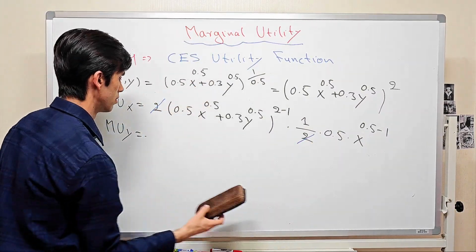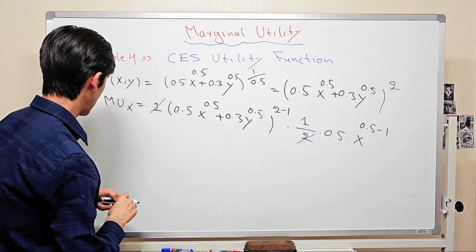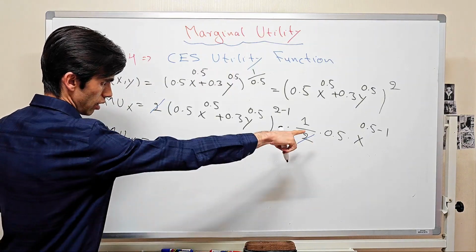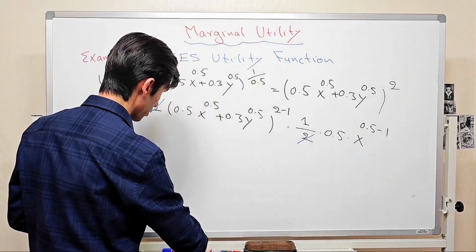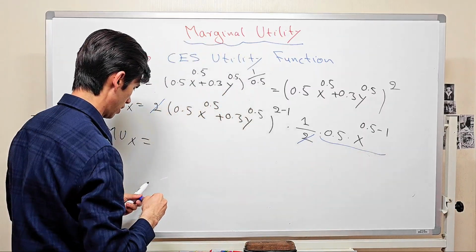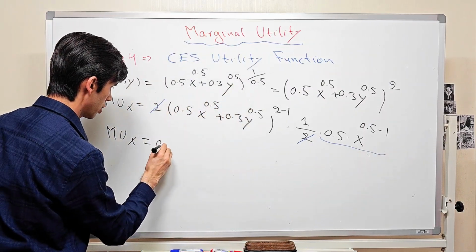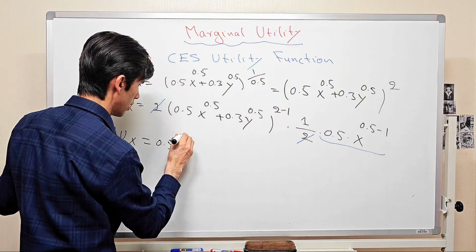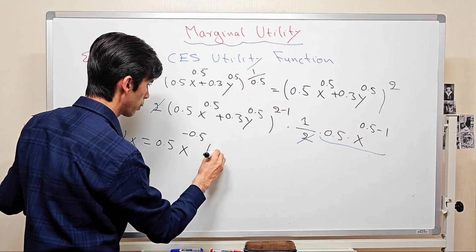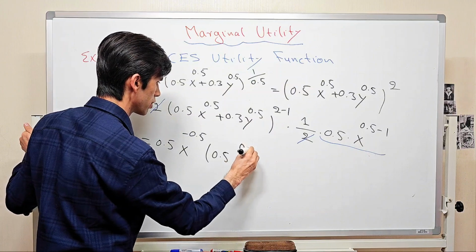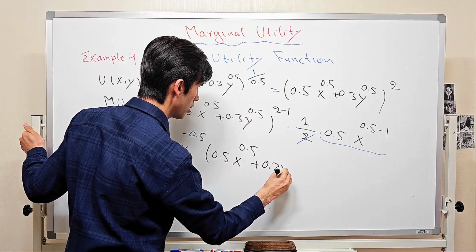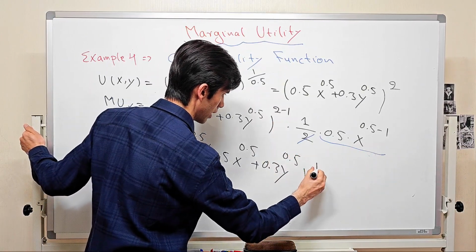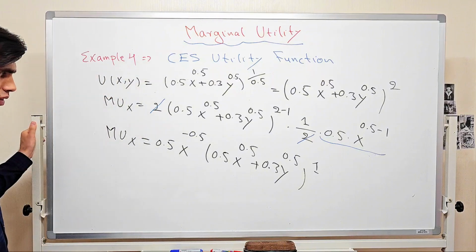So let me clean this part. We have the marginal utility of x is equal to, let's move this term to the beginning, 0.5 x to the power of 0.5 minus 1, which is x to the power of minus 0.5, multiplied by (0.5 x to the power of 0.5 plus 0.3 y to the power of 0.5) to the power of 2 minus 1, which is just 1.